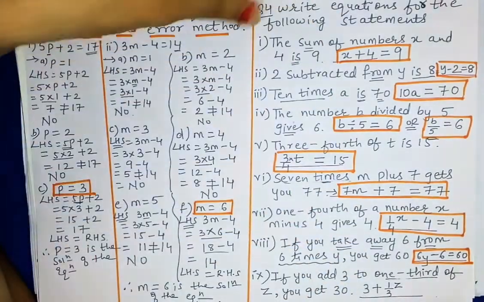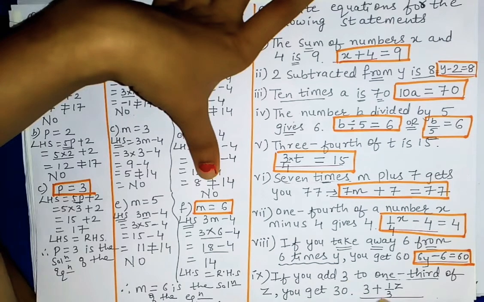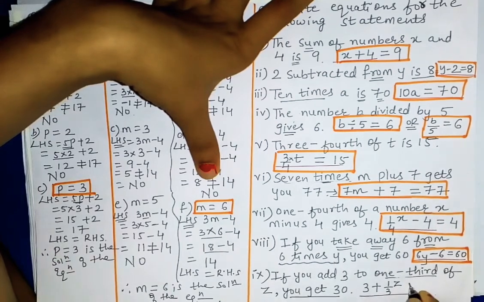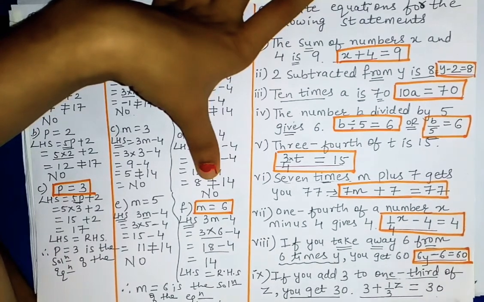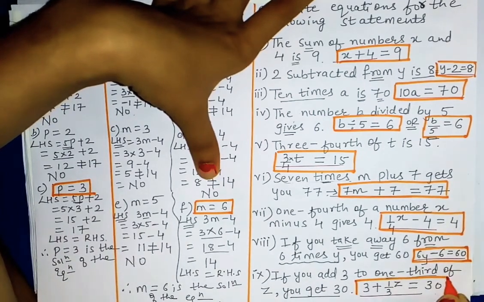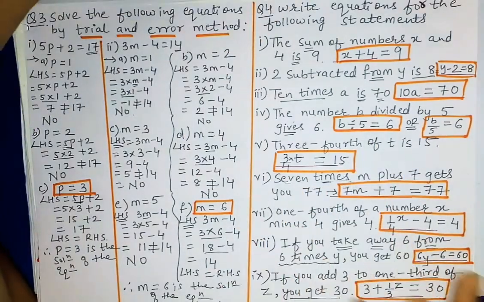Of means multiplication. So if you wish, you can write a multiplication sign here, or directly you can write z. So if you add 3 to 1/3 of z, so 3 plus 1/3 of z, they are telling you get 30. You get means equal to 30. So this will be the equation for the ninth statement: 3 plus 1/3 of z equal to 30. So this was question number 4. Hope you understood.